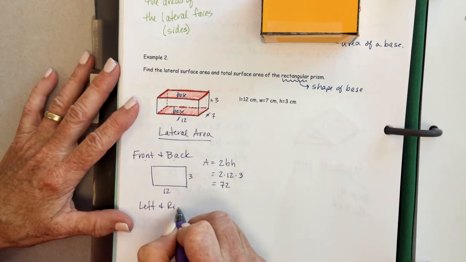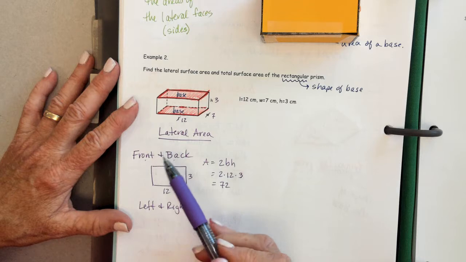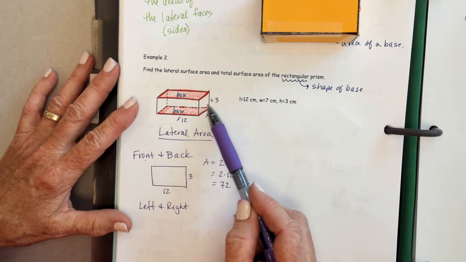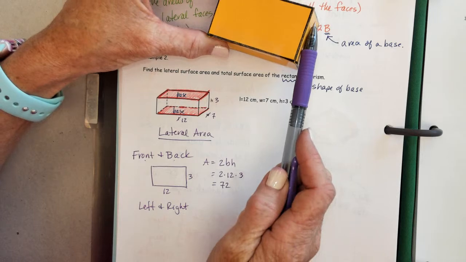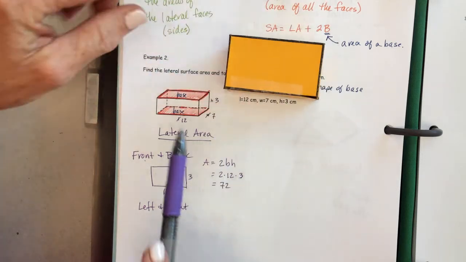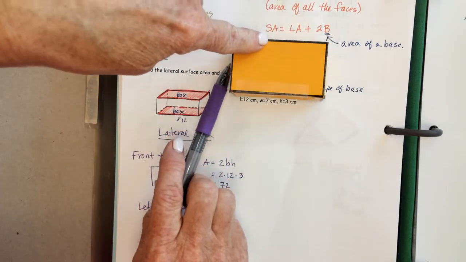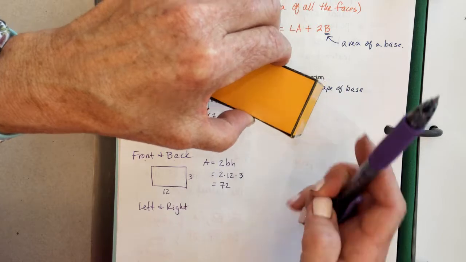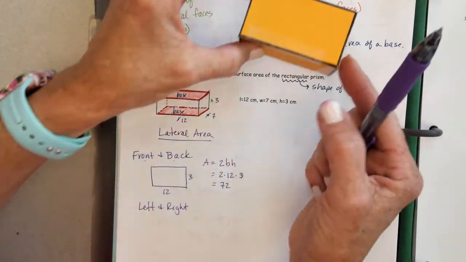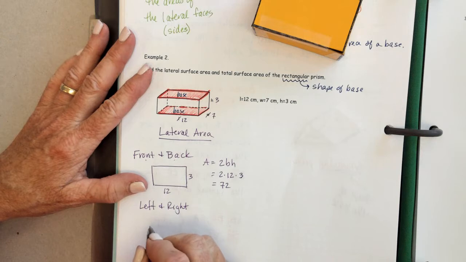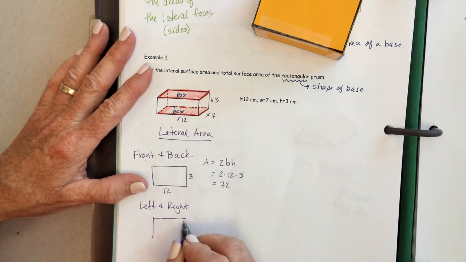Left and right. So here's the right piece over here. That right side, this one right here. And the left side over here. Again, the right side and the left side are exactly the same size. And they are both rectangles as well.